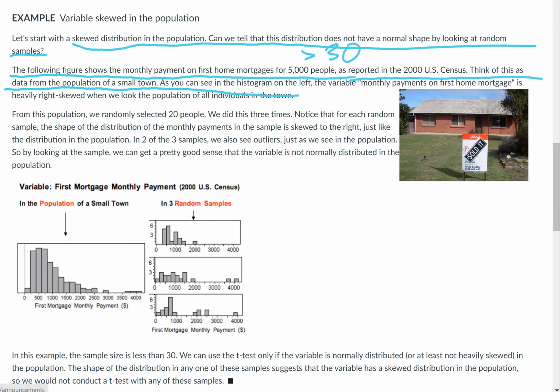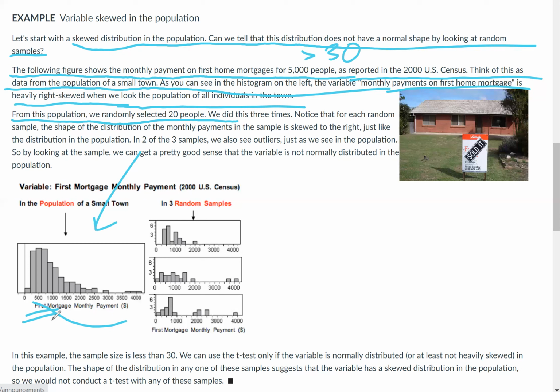As you can see in the histogram on the left down here, the variable monthly payments on first home mortgage is heavily right skewed, because you see most of the data on the left and it's tapering down to the right. It's right skewed when we look at the population of all individuals in the town. From this population, we randomly select 20 people. So definitely less than 30, which is our cutoff for when we can use the t-model.